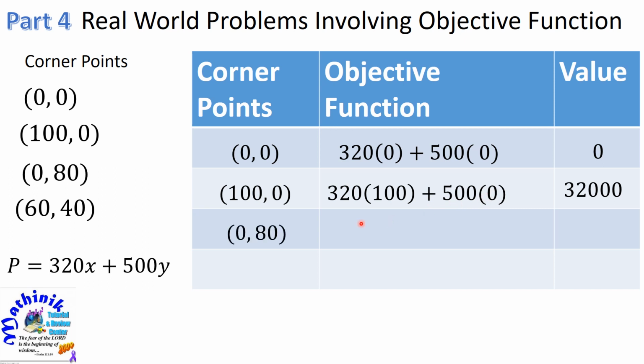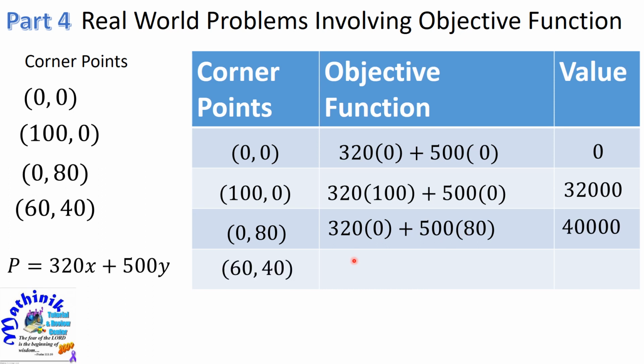Okay, let's go to the next corner point, and that is (0, 80). Substituting the ordered pair (x, y) to our objective function, 320 times 0 plus 500 times 80. 320 times 0 is 0, and 500 times 80 is 40,000.